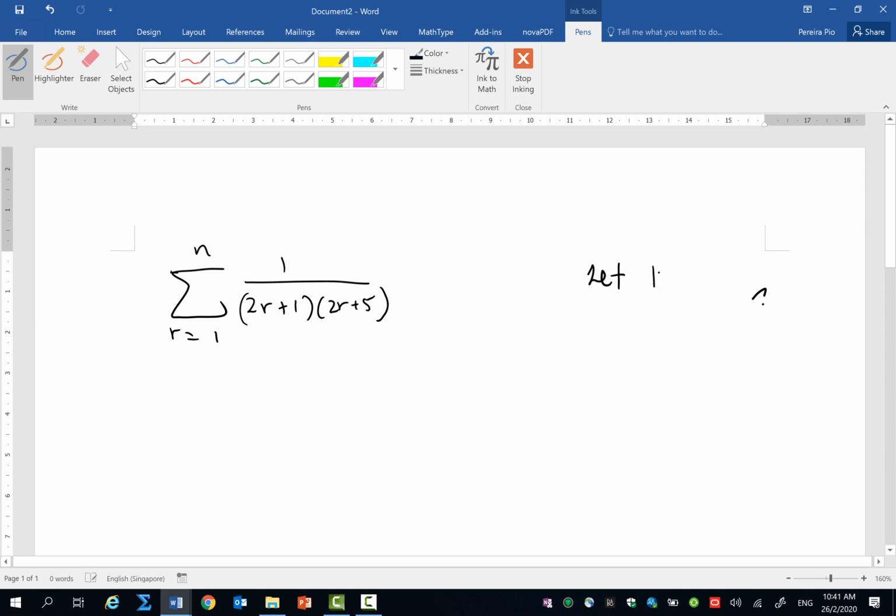I let a new variable be k. k equals r plus 1. Then my r must equal k minus 1. If r equals k minus 1, I substitute it in.